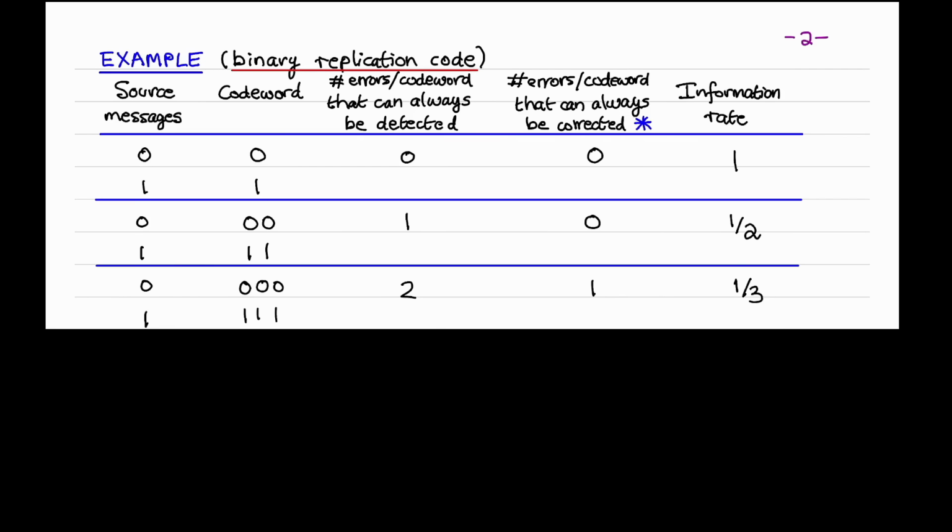So with nearest neighbor decoding, the number of errors per code word that can always be corrected can be seen to be 1.